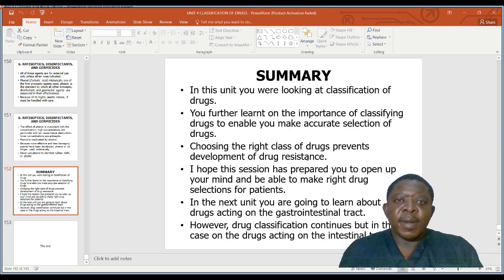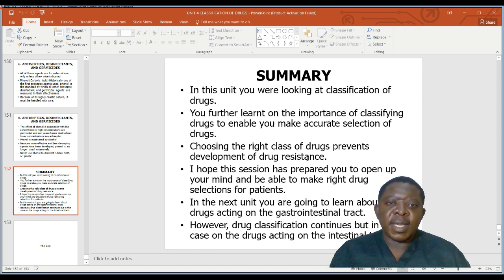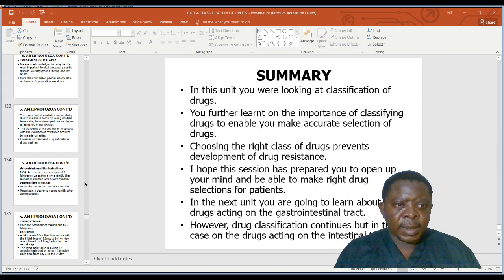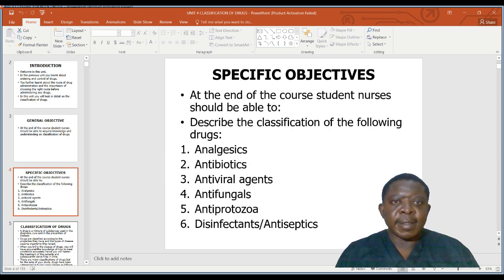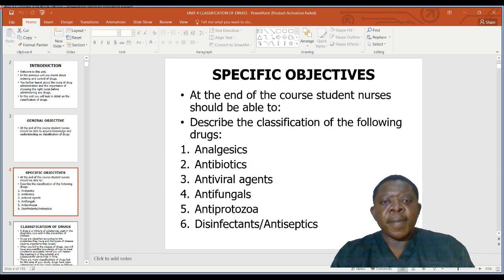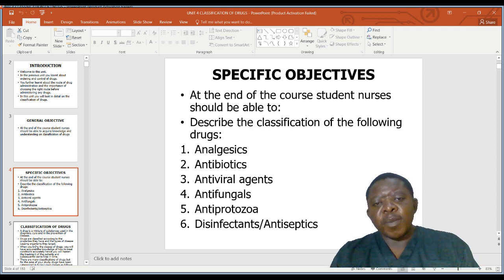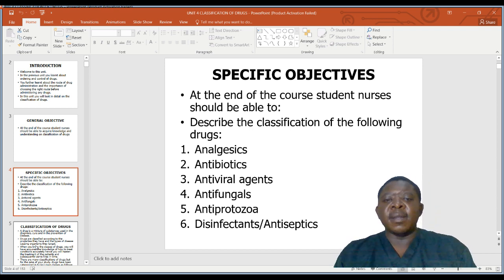So, in summary, we have been looking at different drug classifications, and we have looked at 6 of them. When we started, it was the analgesics, then we looked at the antibiotics, then antiviral agents, then antifungals, then antiprotozoal, then the topical antiseptics.